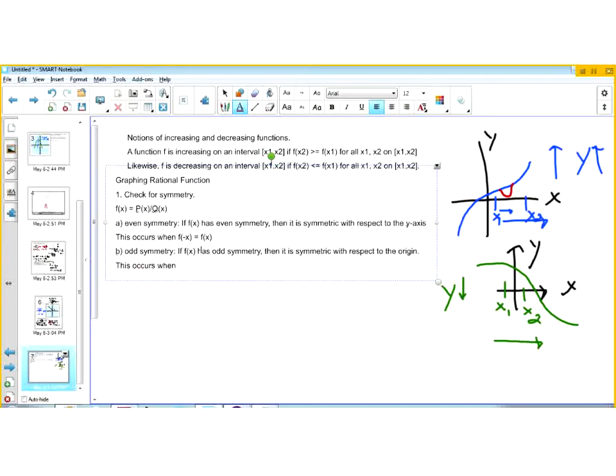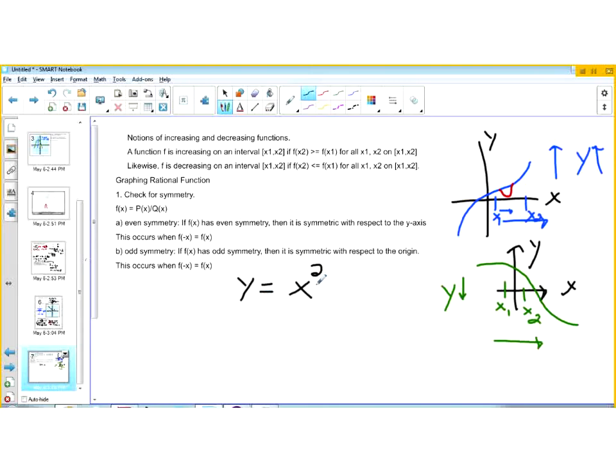This occurs when f of minus x is equal to f of x. All right, so can you think of an example of a function that possesses even symmetry? Well, the classic example would be what? Y is equal to x squared.